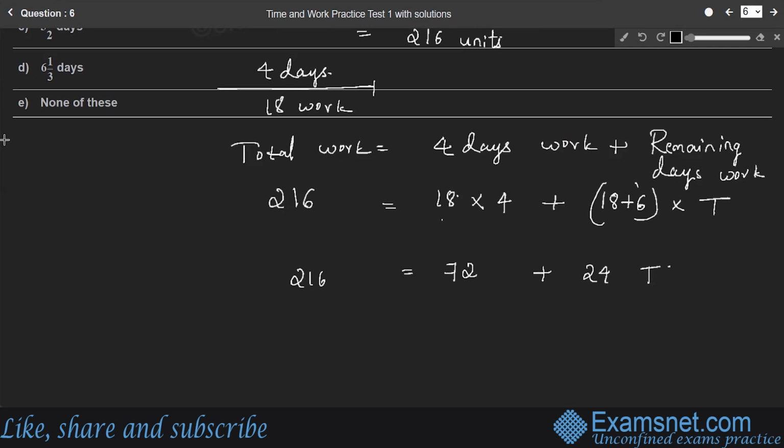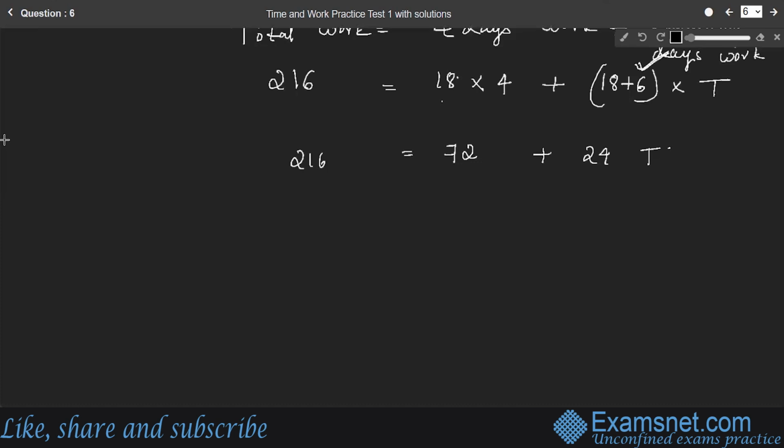If 6 more workers had not joined the 18 workers, then the total time would be 12 days. But 6 equally efficient workers join, therefore they take fewer days. So what is the remaining number of days we need to find? 24T is equal to 216 minus 72, which is equal to 144.